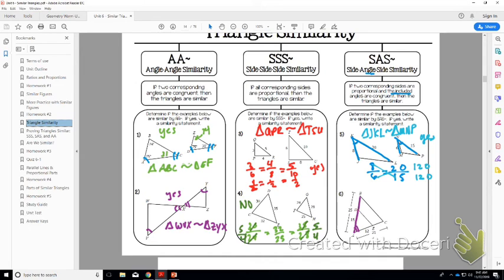We need these sides right here. You can start with the little triangle or the big triangle. What's your preference? Big? Okay. So that would be AB. AB is what? 25. To little? 15. And then back to big, AC? 21. To little? 12.